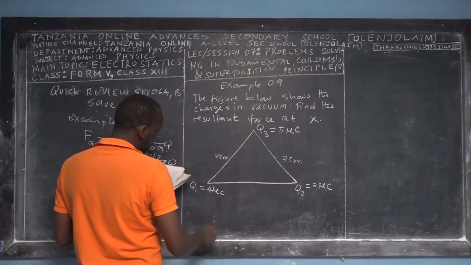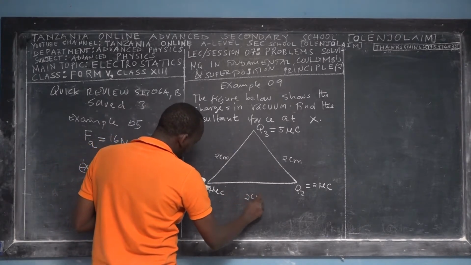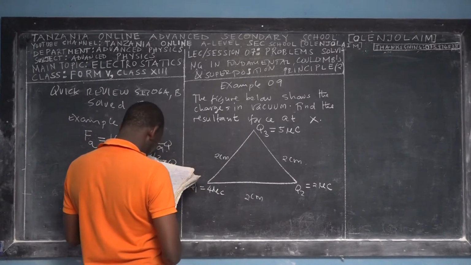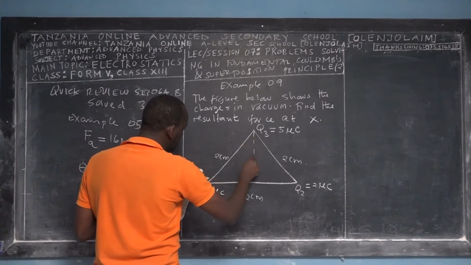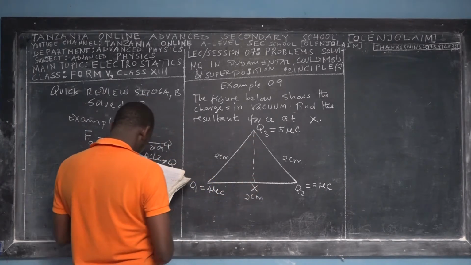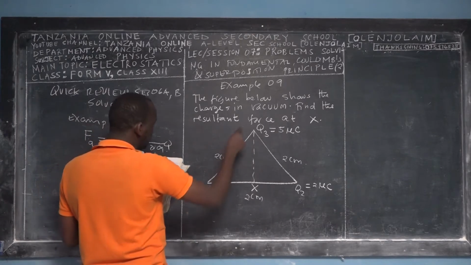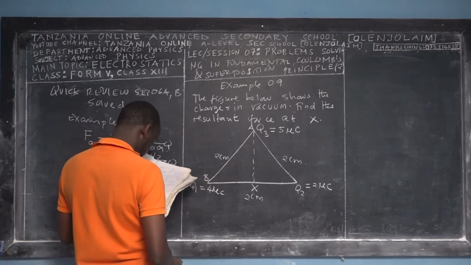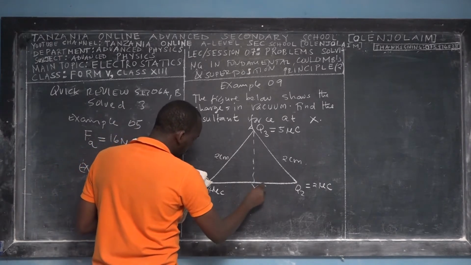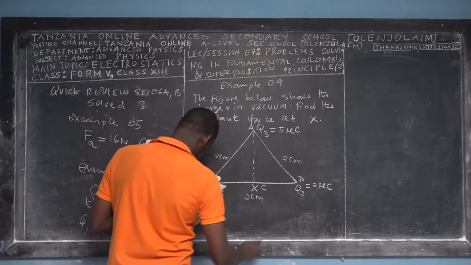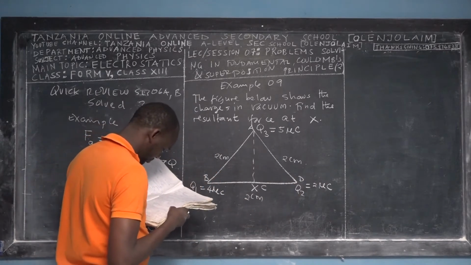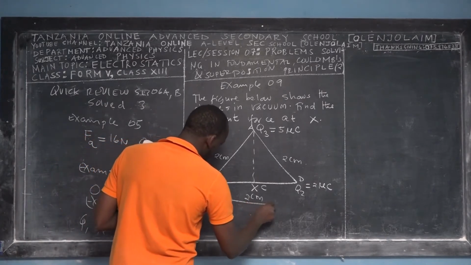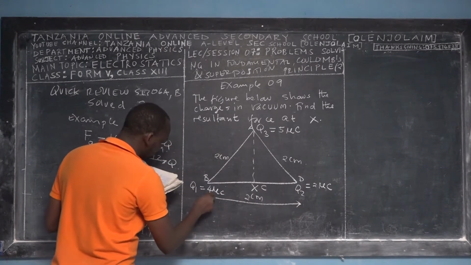Possibly I've made a mistake in sketching it, but it is an equilateral triangle. Here is a point where we have X. This is point A, this is point B, this is point C, this is point D. This 2 centimeter is the distance from Q1 to Q2.